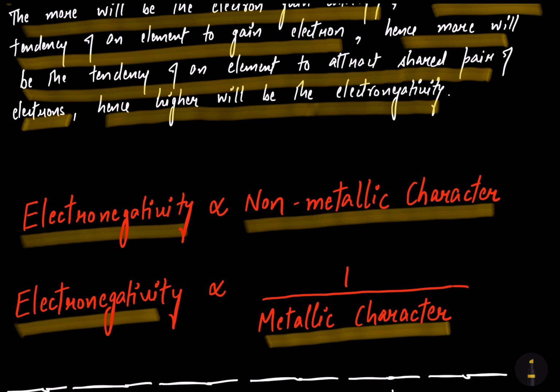More will be the metallic character, less will be the electronegativity. More will be the non-metallic character, more will be the electronegativity. So I'm repeating it again, the more the non-metallic character, the more will be the electronegativity. The more the metallic character, the less will be the electronegativity.